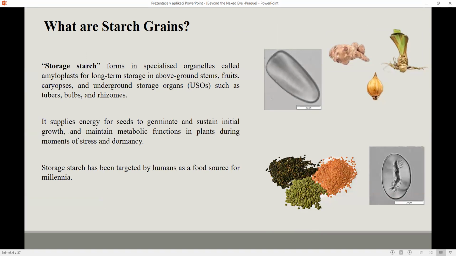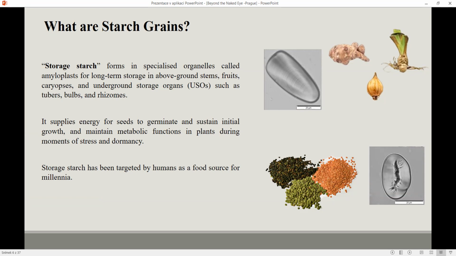The function of storage starch is to supply energy, in the case of seeds, to allow germination and initial growth. And in the case of underground storage organs or geophytes, the function of this kind of starch is to maintain the metabolic functions in plants during moments of stress, for example, during winter, when the plants begin dormancy and start blooming later in spring.